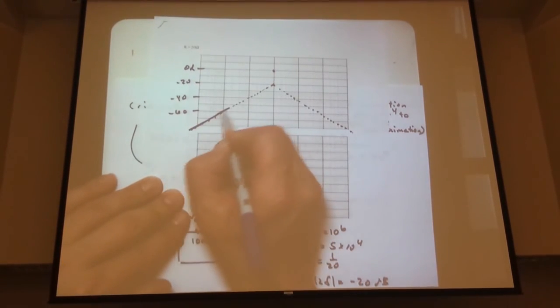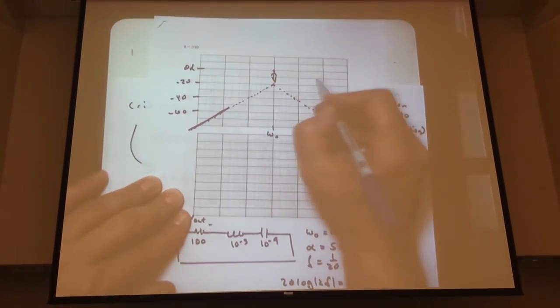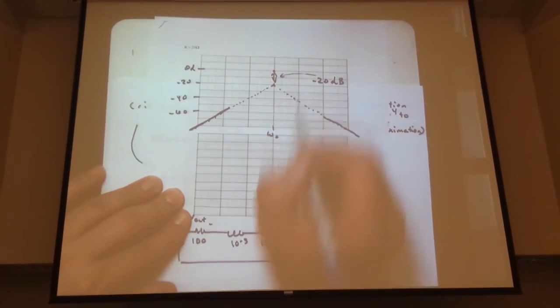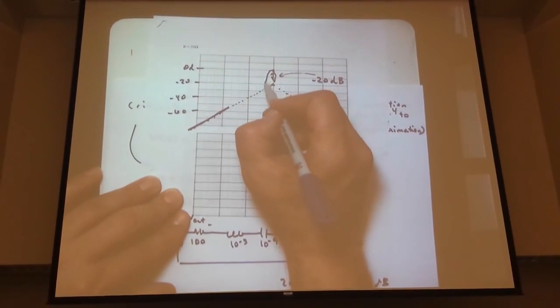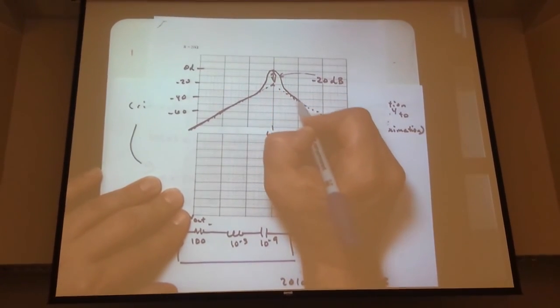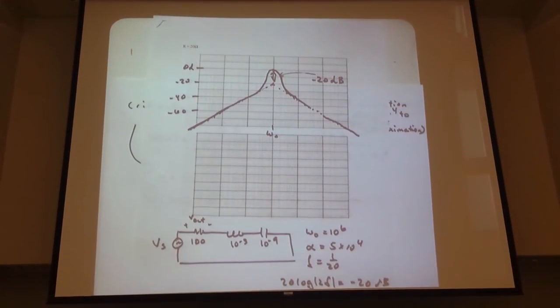So I can go ahead and fill that in. That distance is minus 20 dB. And here I can just be a little bit fuzzy. You get something that looks like this. And that's a real thing.